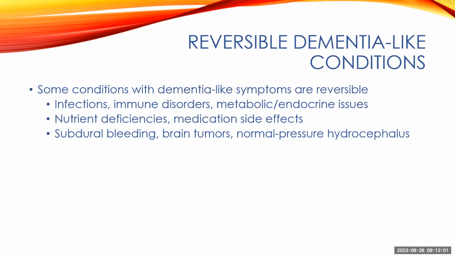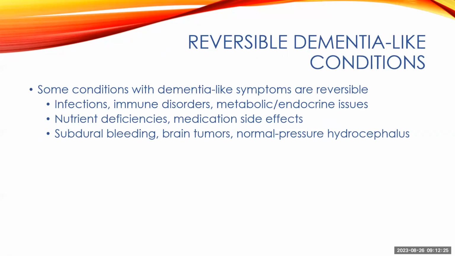And the next thing I would like you to take home with is some conditions that are dementia-like, but reversible. So the majority of dementia patients coming with memory issues turn out to be Alzheimer or a certain form of dementia that's irreversible.